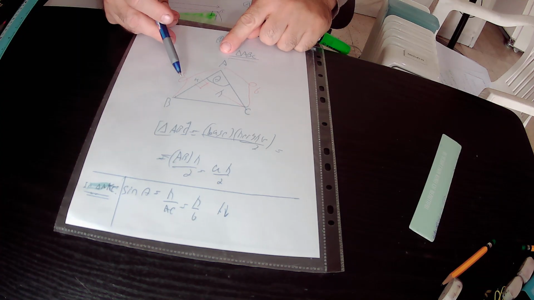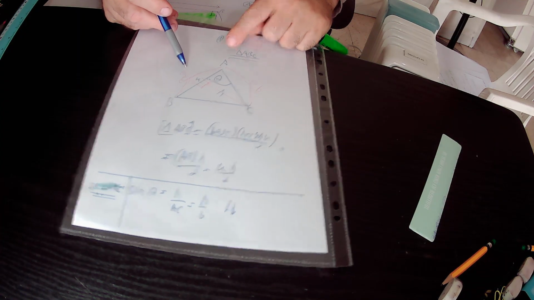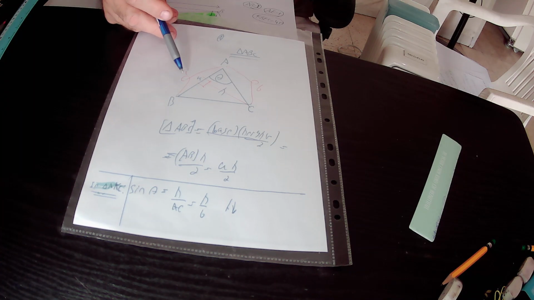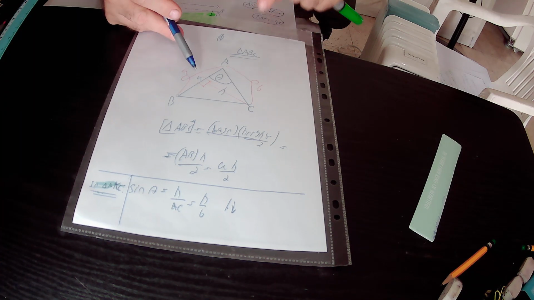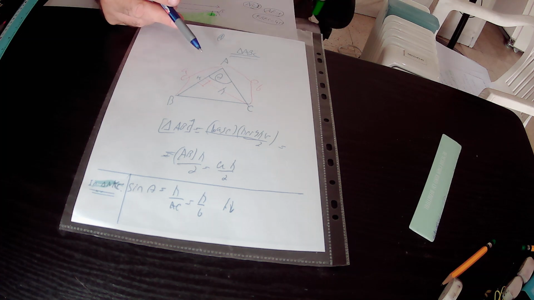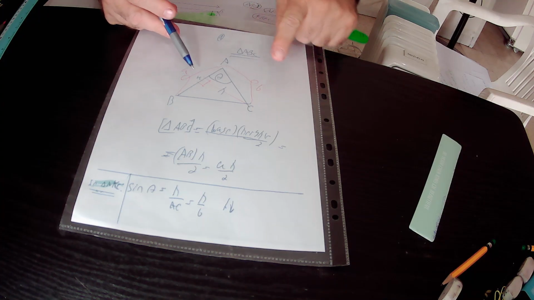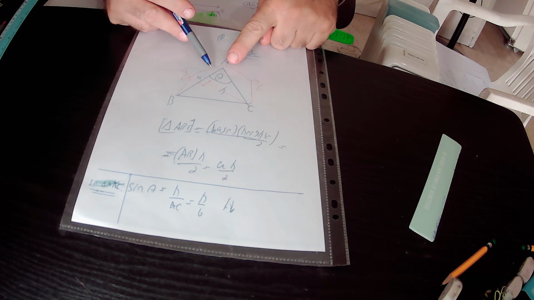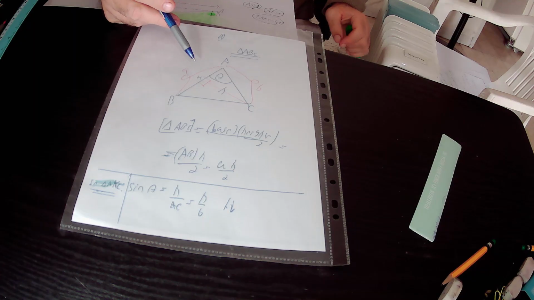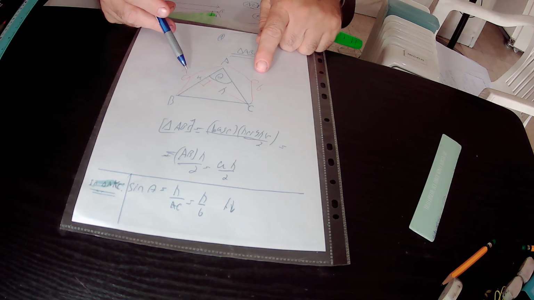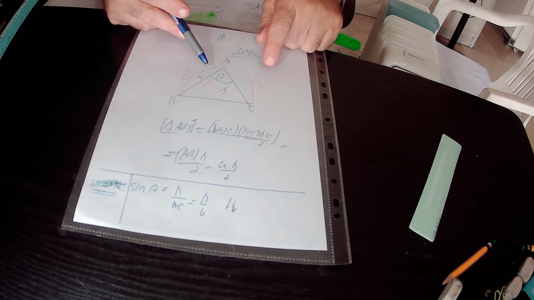This is side AB, equal to A units in its length. The angle between those two sides is angle theta. The area of this triangle ABC equals the multiplication of the two sides by each other, that is to say A times B times sine theta over 2.